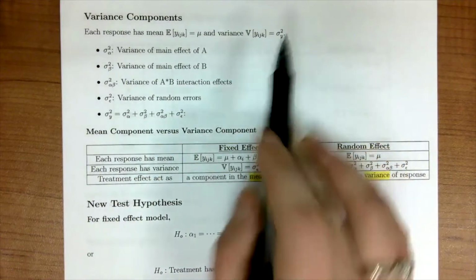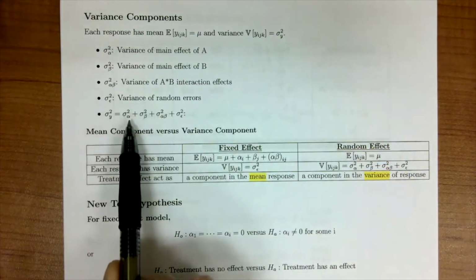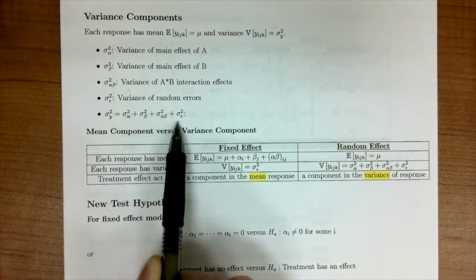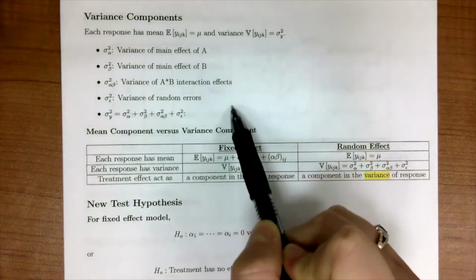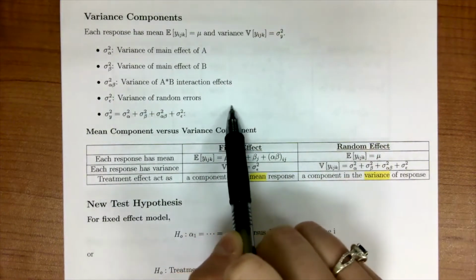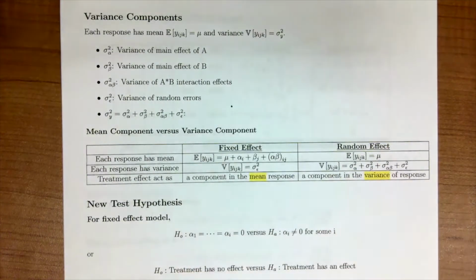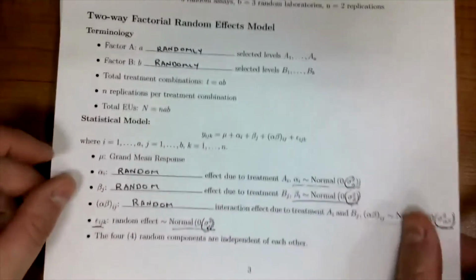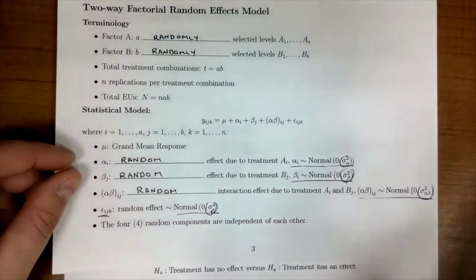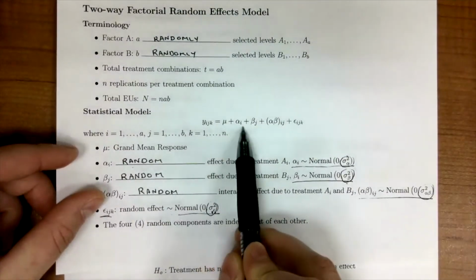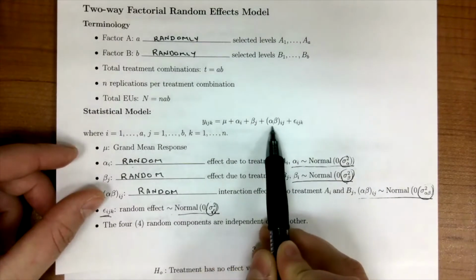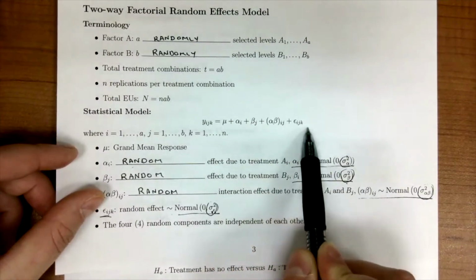Sigma squared y is going to be decomposed from the variance components that we just talked about, okay? How we get this is if we look at this model up here, y equals mu plus alpha plus beta, the interaction term and the error.